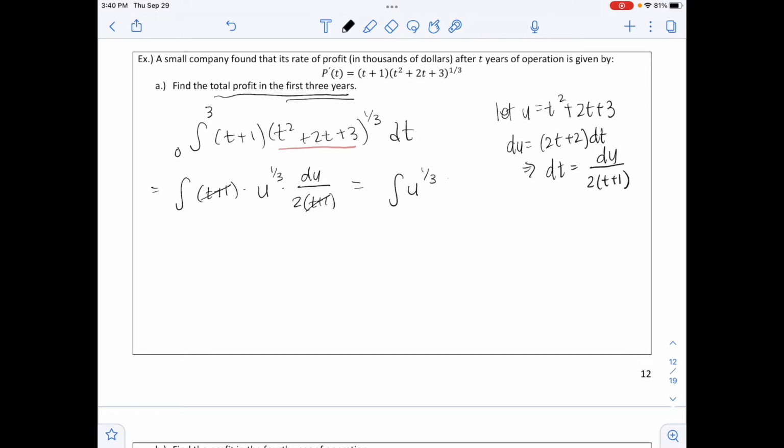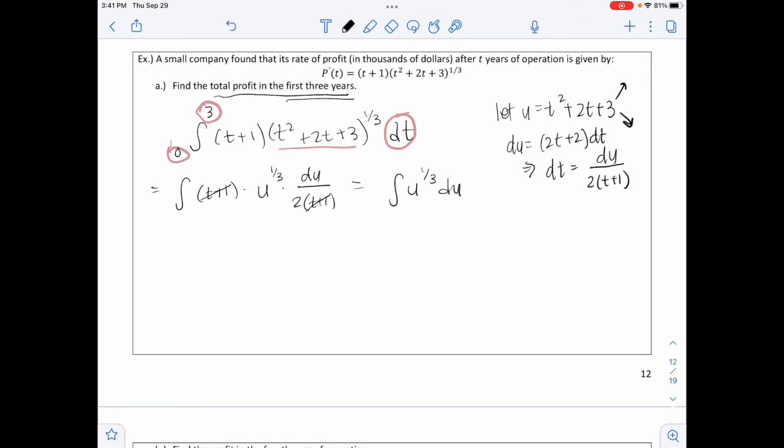Now, one thing to note is that these limits of integration that we had, that were going from 0 to 3, correspond with dt. And now we're in terms of u, so I cannot write 0 and 3 as my limits of integration. I need to change those. So the easiest thing to do is look back up here, draw a couple arrows from what you let u equal.